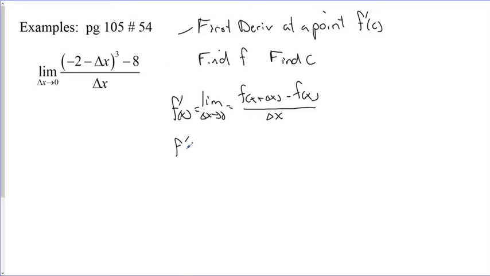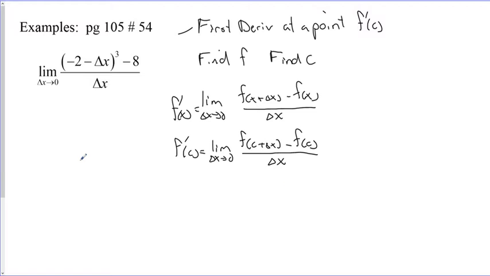Well, that would be f prime of c is the limit as delta x goes to 0, and there shouldn't be an equal sign here. Since this is going up on the web, I want to make sure that everybody knows that I actually know what I'm doing. So f of c plus delta x minus f of c all over delta x.